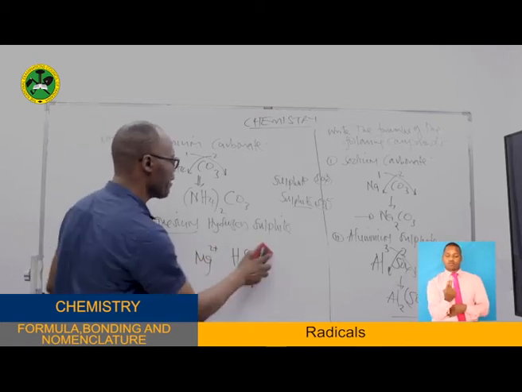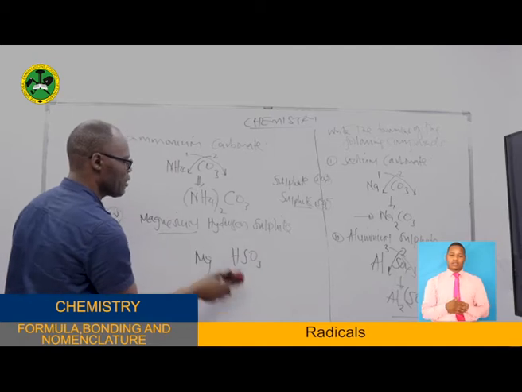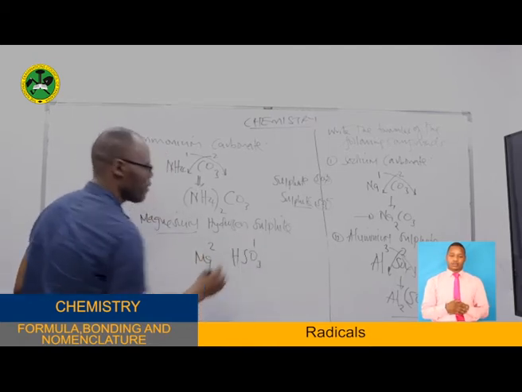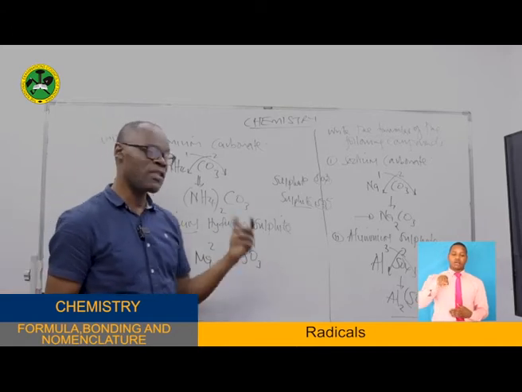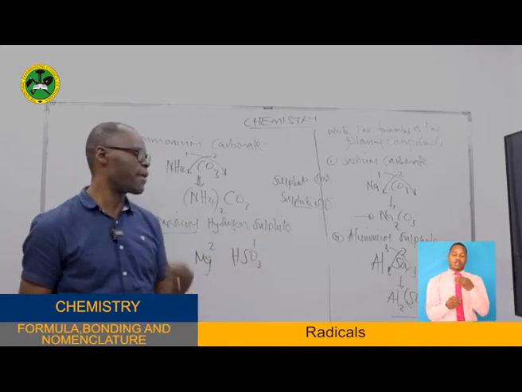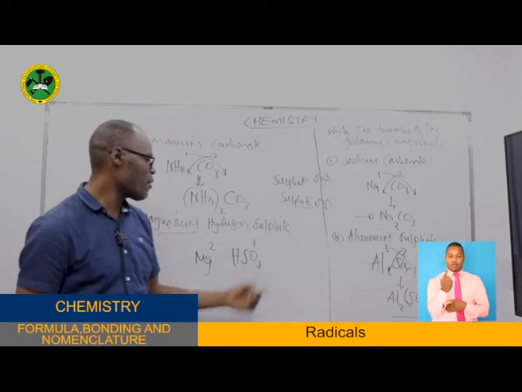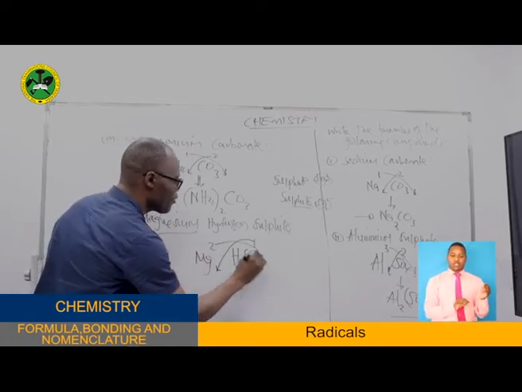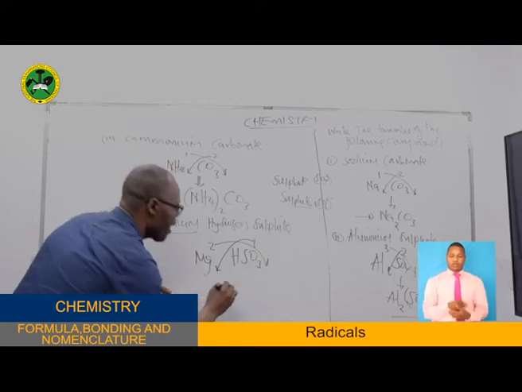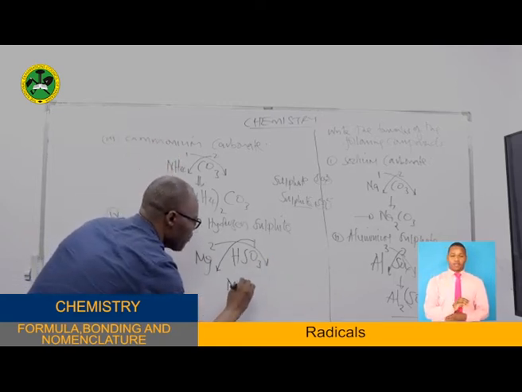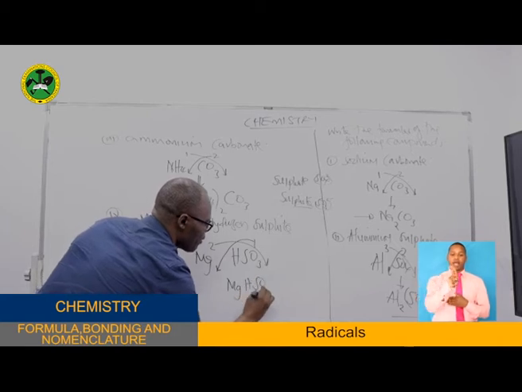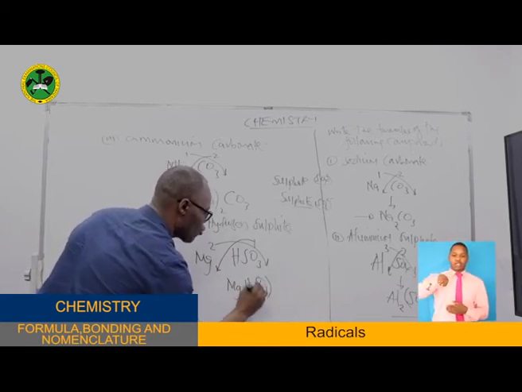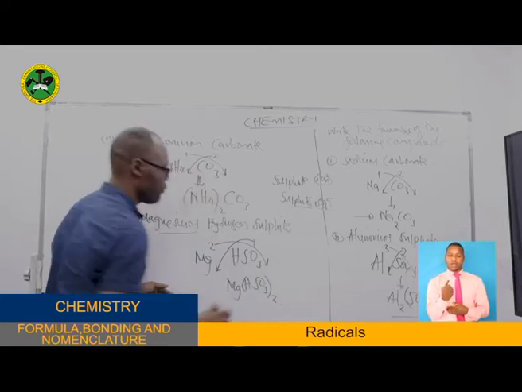Because we have been used to writing the valencies, let's go with the same method. This one has a valency of 2, this one has a valency of 1. Remember we said the oxidation states have charges. The value of the charges are exactly the same as the valencies of the radicals. So we can exchange our 1 to come there and 2 to come there. So we'll have magnesium hydrogen sulfide. Now magnesium is 2, this is 1, so our 2 comes there.